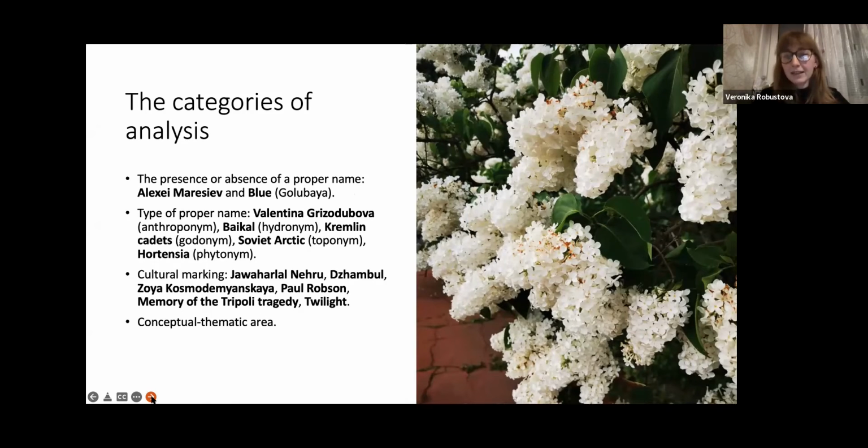So the names of lilac might include a proper name, for example Aleksey Maresyev, or they of course might be without a proper name at all, and that's the example blue, the Russian variant Golubaya. And most names are based on anthroponyms, on proper names, performing a commemorative function.